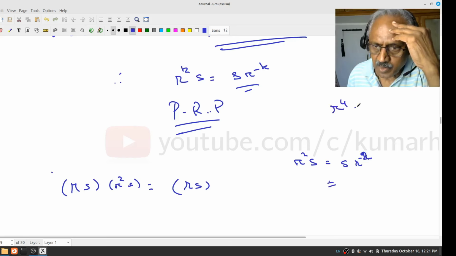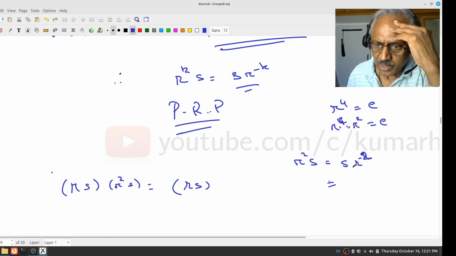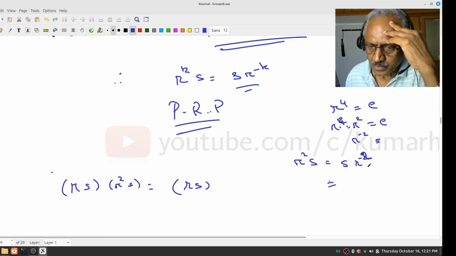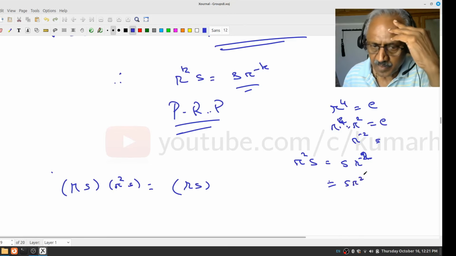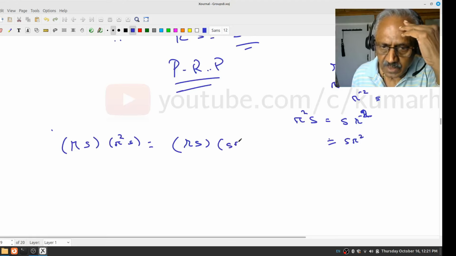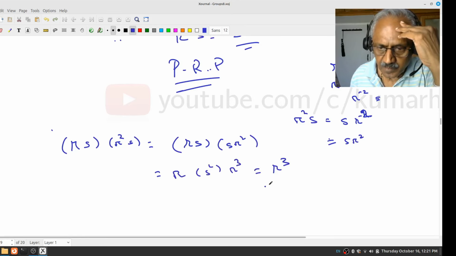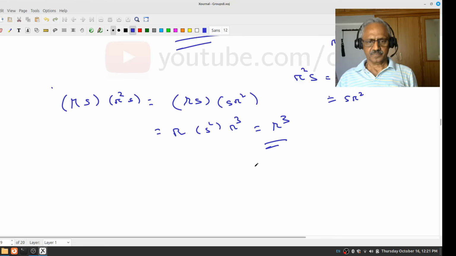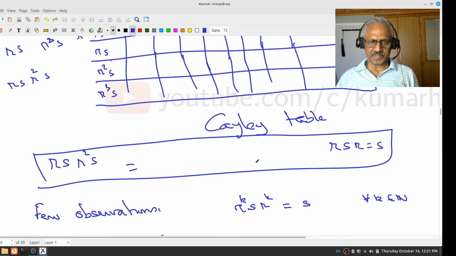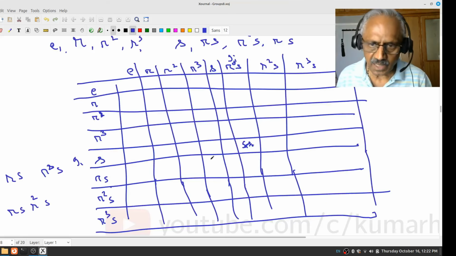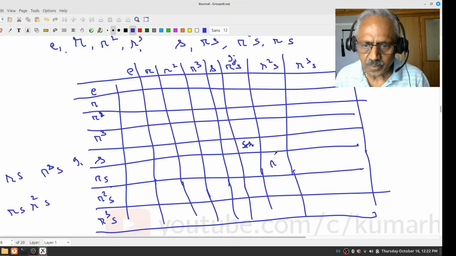But remember, r to the power 4 is identity. Therefore r squared into r squared equals identity. Therefore r to the power minus 2, remember this is the definition of the inverse of r squared, is r squared. Therefore this is s into r squared. Now use associativity. Therefore rs into r squared s, that is r cubed. Therefore if I want to fill in the multiplication table, rs into r squared s will be r cubed.